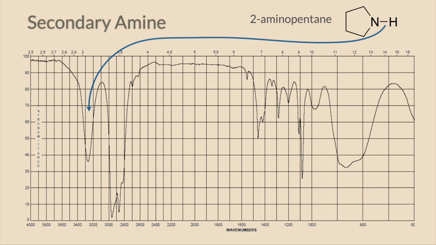One thing to note is that tertiary amines will not have this peak. So you can easily identify between a primary, secondary and a tertiary. Tertiary amines will not be having this peak here. So that's about the amines in general.